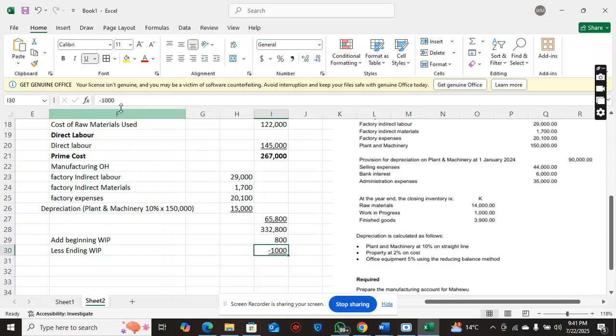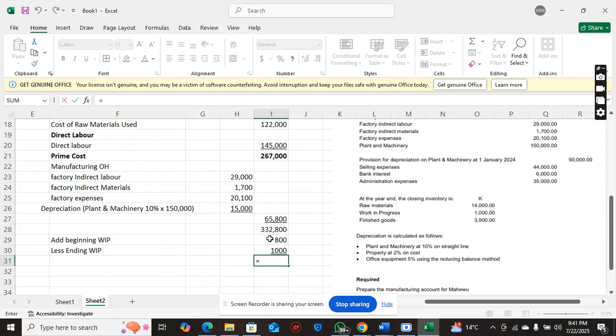Oh, let me not put a negative sign here. Just say less. So 332,800 plus 800 minus 1,000 gives you 332,600.